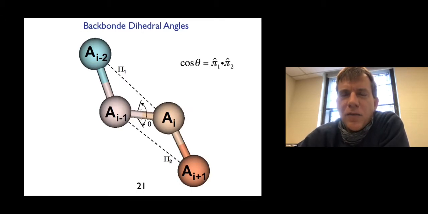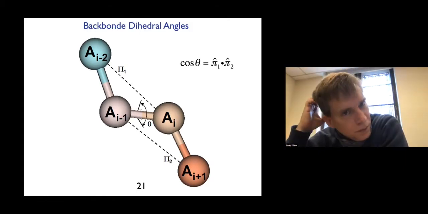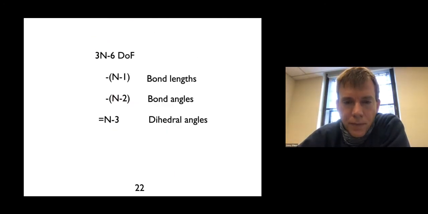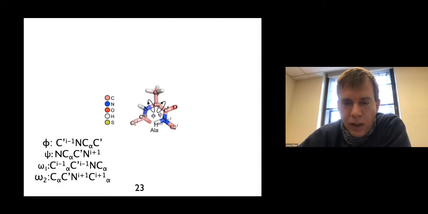And if it involves exclusively side chain atoms, say C beta and further from the C alpha, then that's called a side chain dihedral angle. And so this is where we were last time.